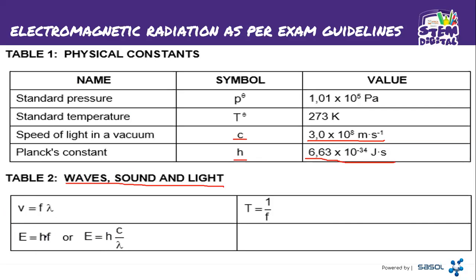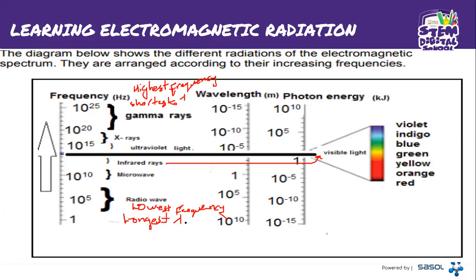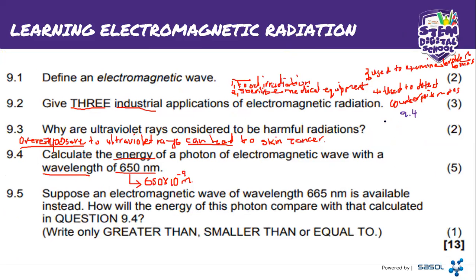We could use this one, but we don't prefer to use it because it talks about frequency, so it would require us to do a multi-step calculation. But this formula, E is equal to hc over wavelength, would not require that of us. Are we together? Because it already has the wavelength.